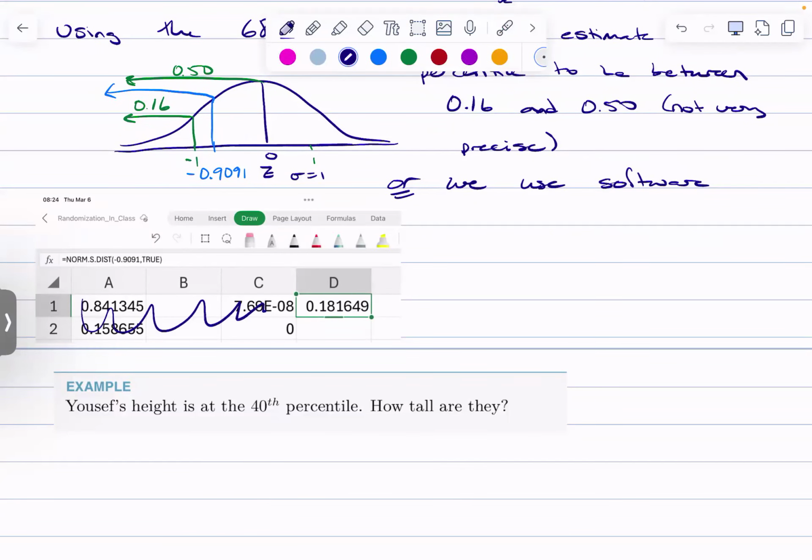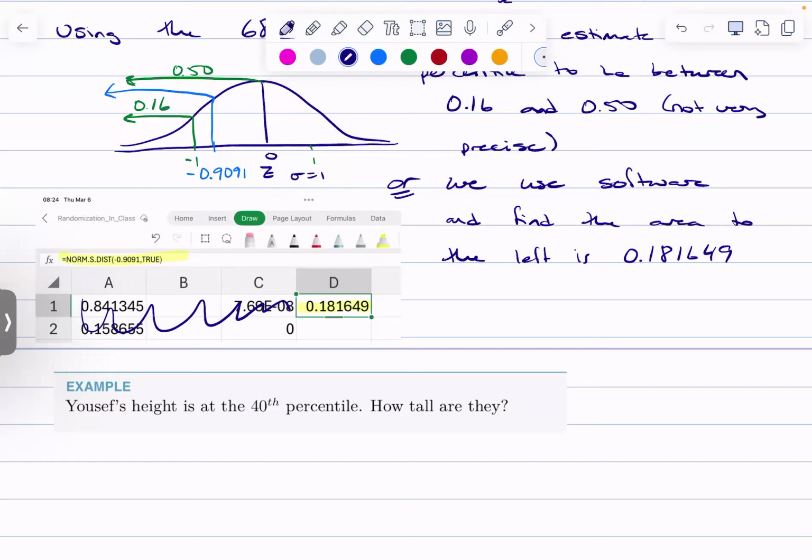This is from last day, so we can ignore that. But here, find the area to the left, which is 0.181649. Which means the percentile for Cameron is 18.165.